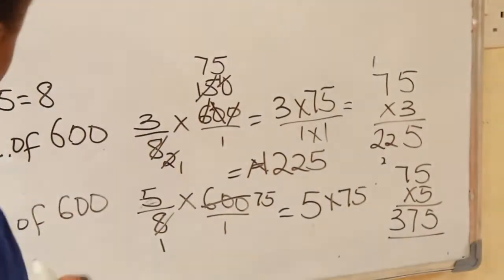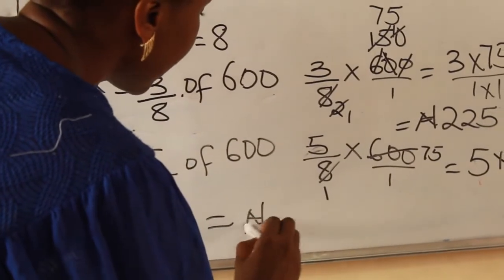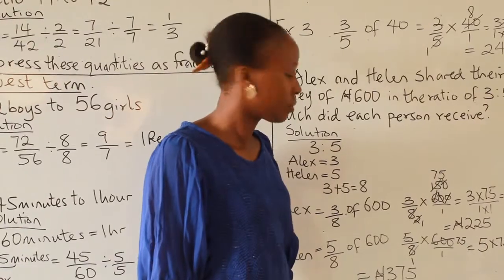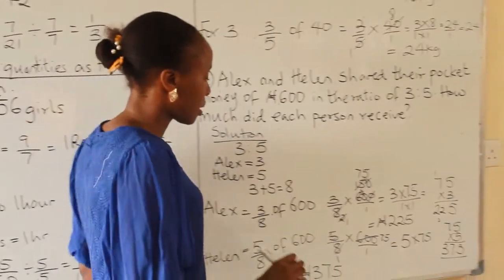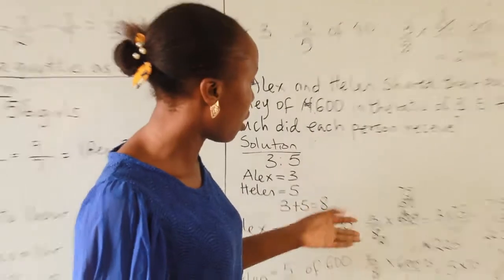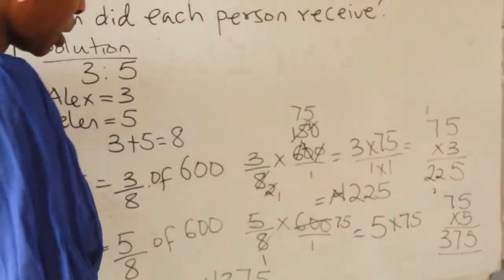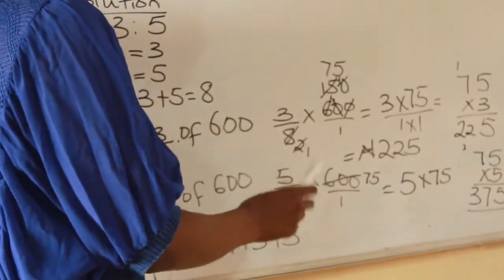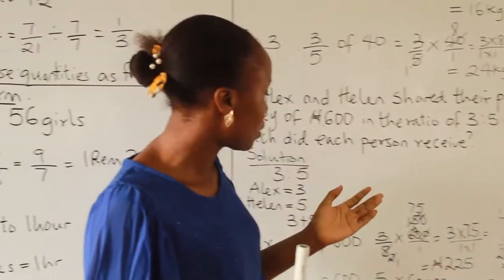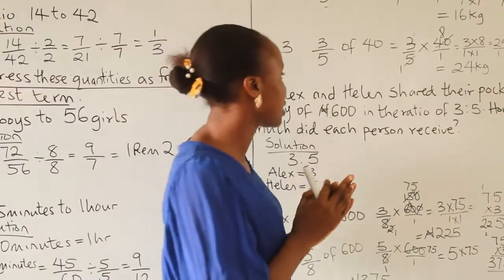So Helen's share of that money is equal to 375 naira. To do a rough check of our work, we'll add 225 naira plus 375 naira, and if you take your time to add them, it will give you 600.